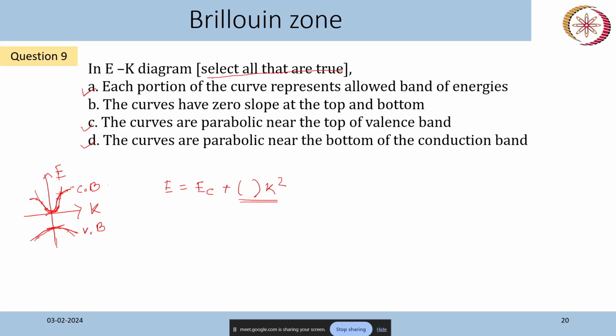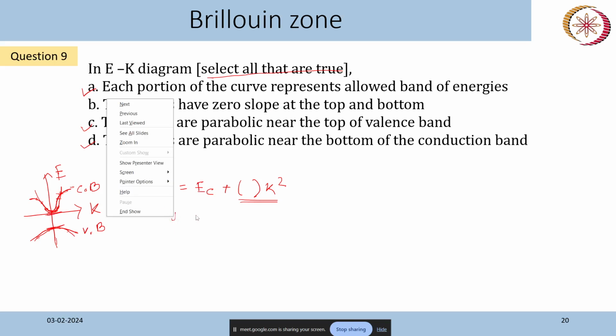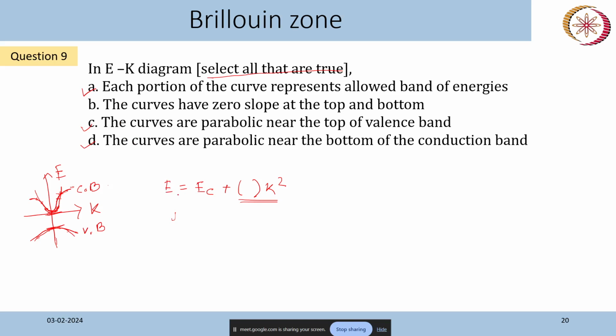If you take the derivative dE by dk, the slope will change here, then the slope will be constant at this top part, and then the slope will again change.